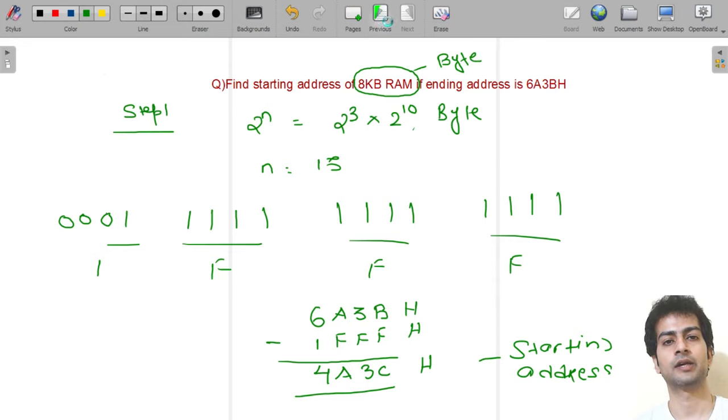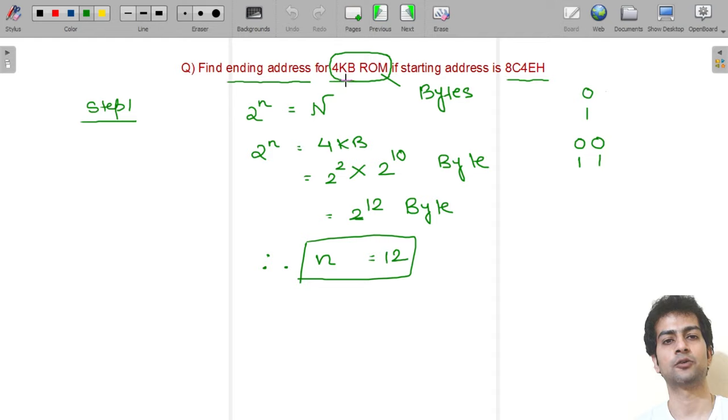See how the GATE examiner will try to trick you. Here it is given as 4 kilobyte ROM, so it is okay. It is already in bytes, and when we converted, we kept it in bytes.